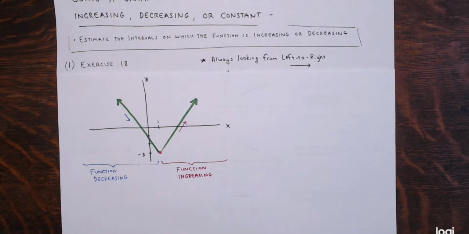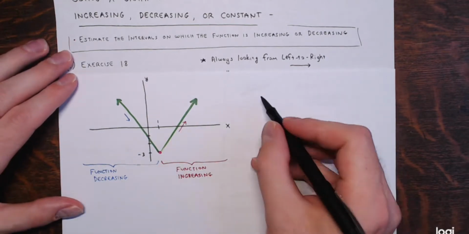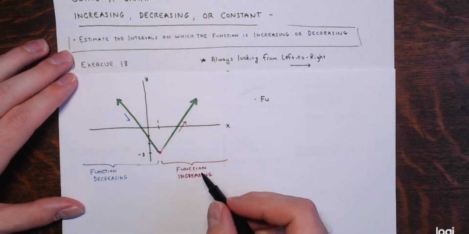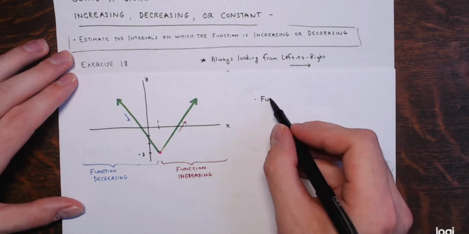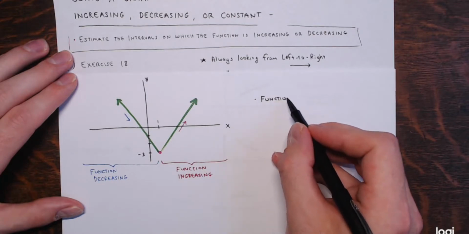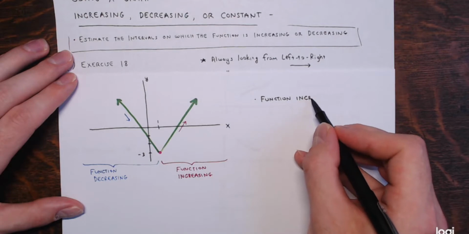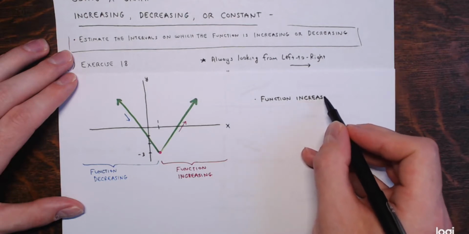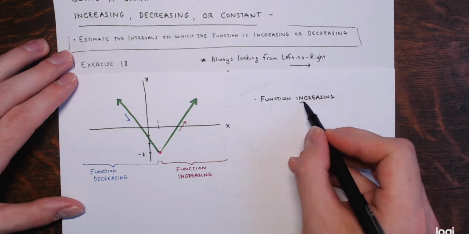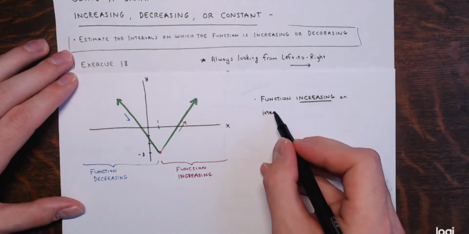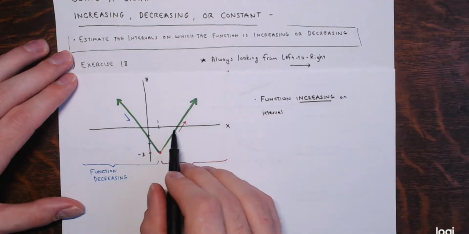Now what we would state is, I'll say where it's increasing first. I would say the function is increasing on the interval, and when they talk about the interval, we're talking about an interval on the x-axis.